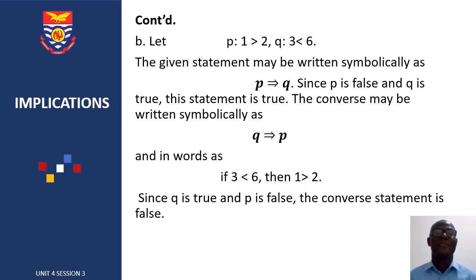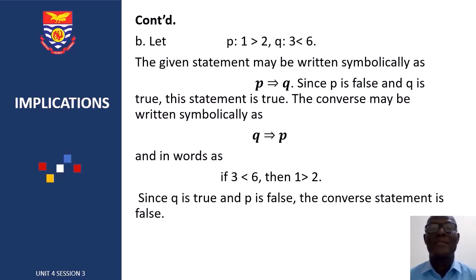Implications. We look at question B from the previous slide. The first statement P is 1 is greater than 2, and the second statement Q is 3 is less than 6.